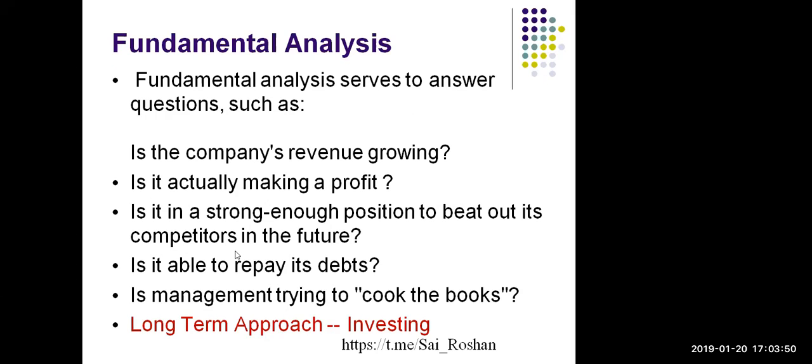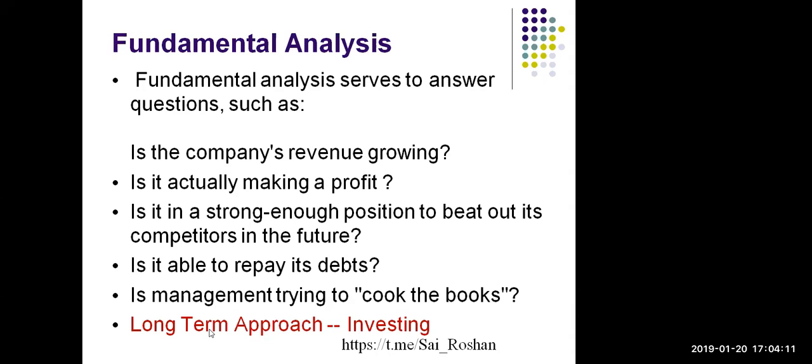Generally they look at all these possible points. So is the company's revenue growing over a period of time? Is the company in profits or is it not in profits? Is the performance good, is it not good? Is it in a strong enough position to beat out its competitors? Is it able to repay its debts?